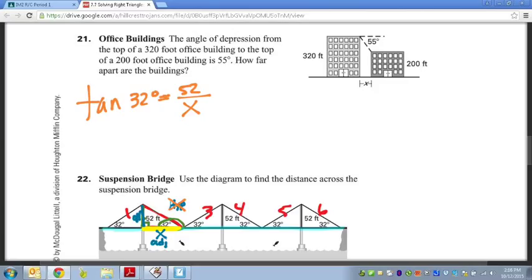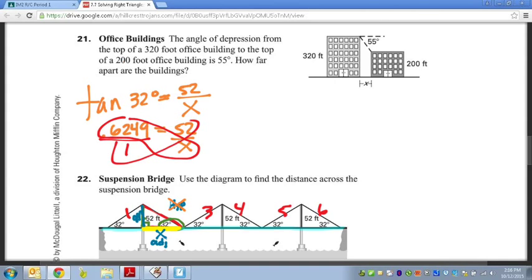So tangent 32 degrees is 0.6249 equals 52 over x. All right, let's make that a proportion and cross multiply. So that's going to be 52 equals 0.6249x, and divide by 0.6249 on both sides.